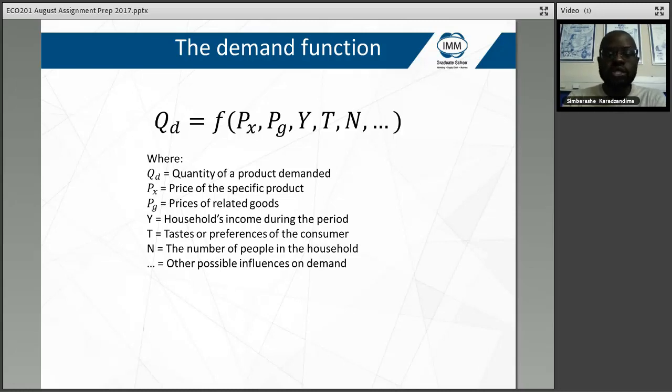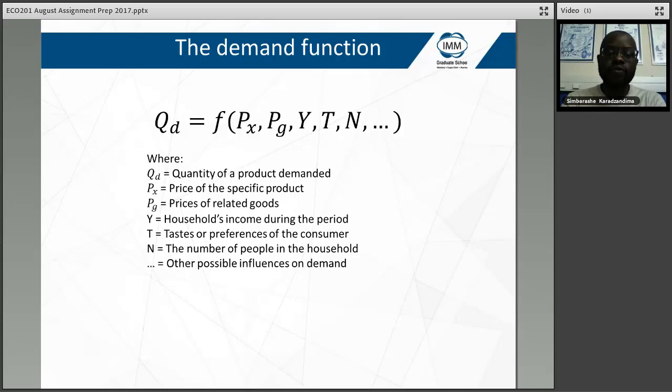You also look at household's income over a period, right? With income, we are basically saying the higher the income, the higher the demand as well. But you're going to find that this applies to goods that we refer to as normal goods. There are certain goods whereby if your income increases, your demand for that good is going to decrease. Those are goods that we refer to as inferior goods.